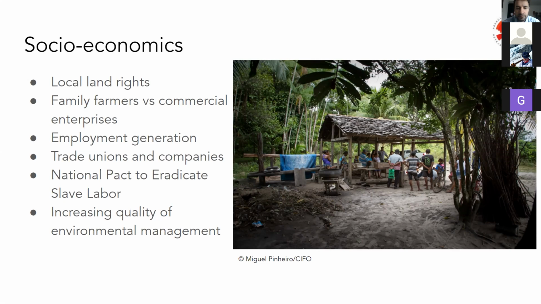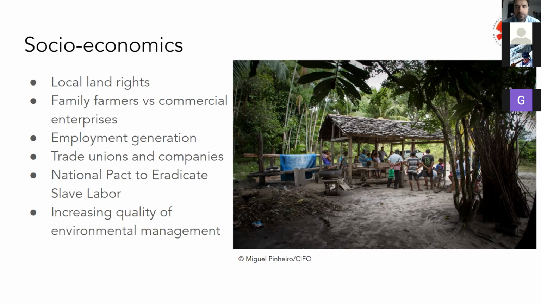And I added this because I just found it was interesting that the government in 2005 signed the National Pact to Eradicate Slave Labor, and in the Amazon there was a large amount of that.